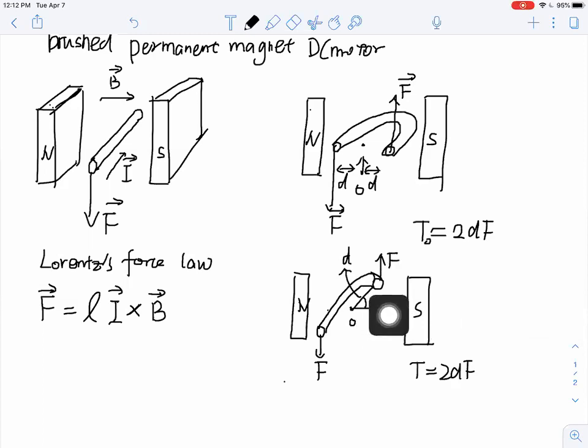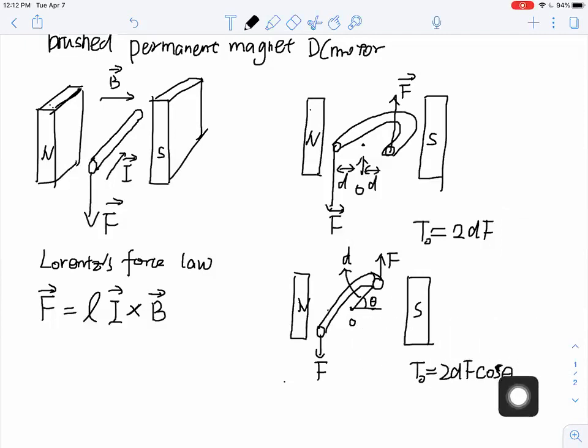It's d times cosine theta. So the difference between position 1 and position 2 is that now we have this cosine theta to account for the change of perpendicular distance from the force to the rotation point O.